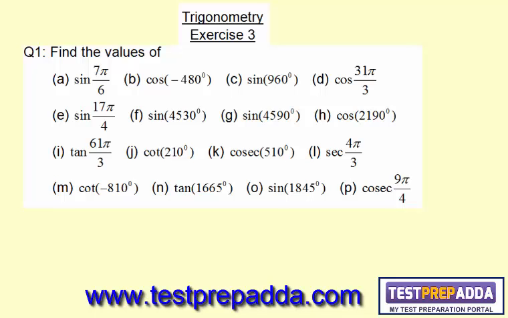Okay, so now the question here says find the values of sine 7 pi by 6, cos minus 480 degree. Basically, we have to find the trigonometric ratios for different angles. Now, how to deal with such type of questions?